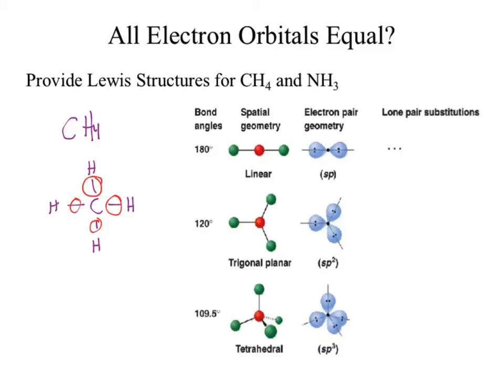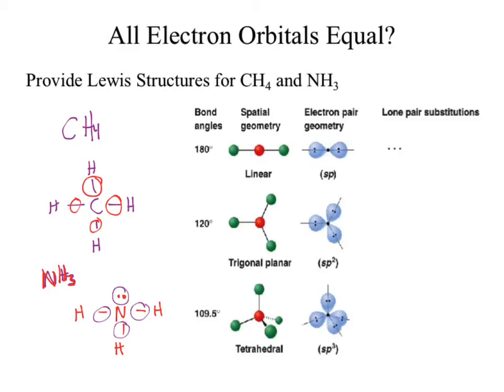What happens when we go to NH3? Hopefully you'll come up with that Lewis structure relatively quickly, and we go through and decide how many electron groups are there. What is our electron shape? Tetrahedral. So I would then predict that the bond angles in methane and ammonia to be the exact same.